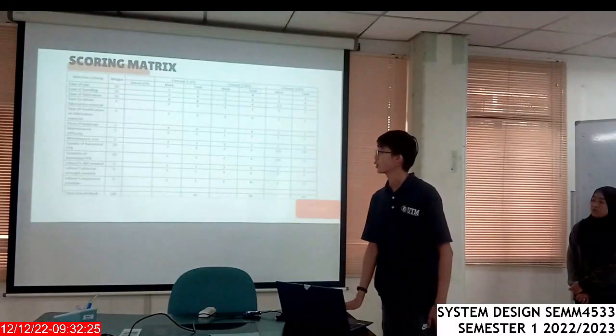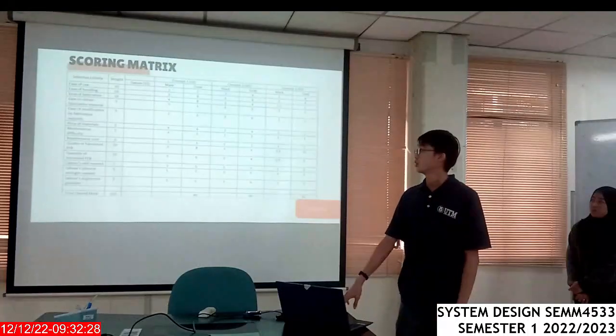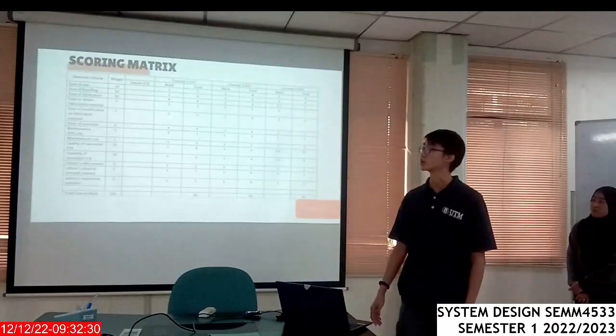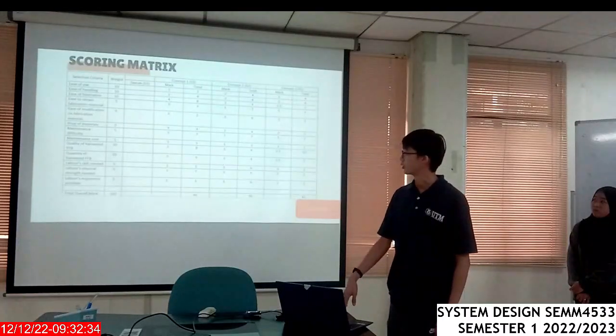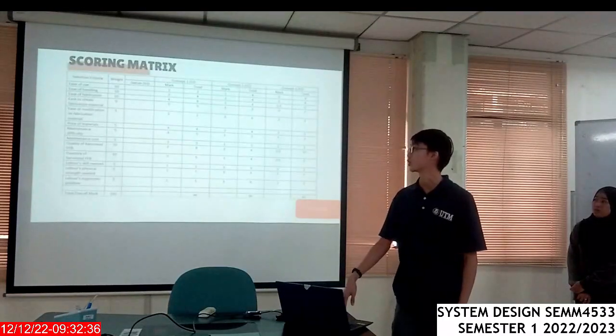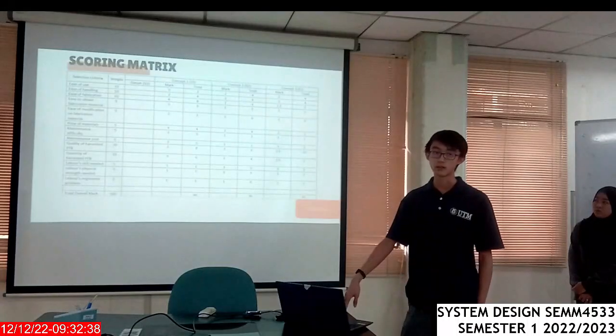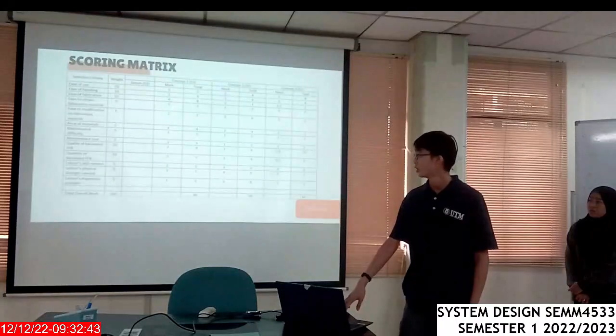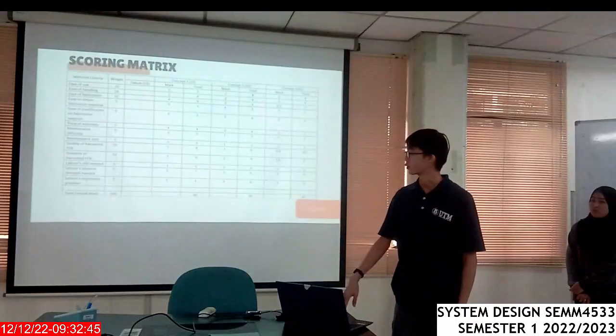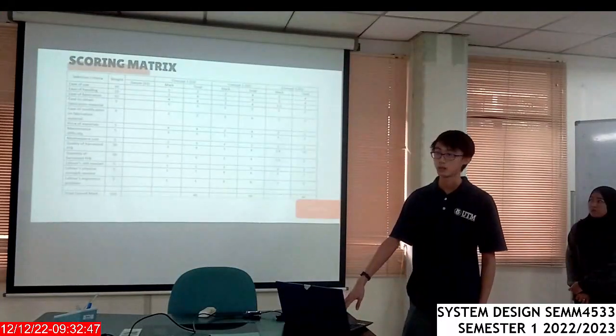For the scoring matrix, we have criteria that are more specific compared to the previous screening matrix. Since we are focusing on the quality of harvesting FFB, we give the higher weightage to quality of harvesting FFB, which is 20 marks.